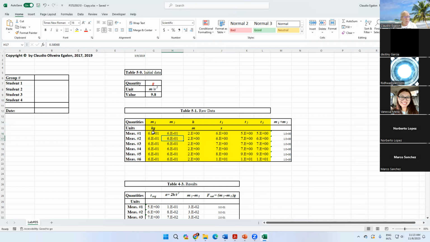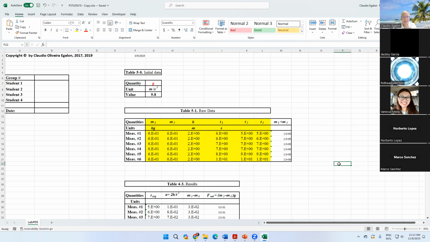Next, M2 is going to be less than the previous value. For 581, it's going to be decreased to 580, but it's still greater than M1, which is at 553 now, and so on, okay? Along the process, M1 plus M2 will remain constant. This is a result. Everything else is raw data.